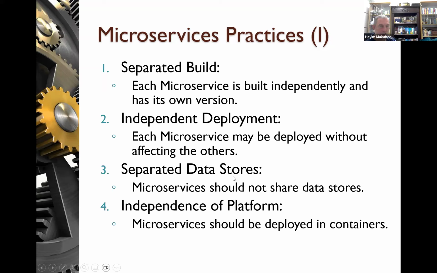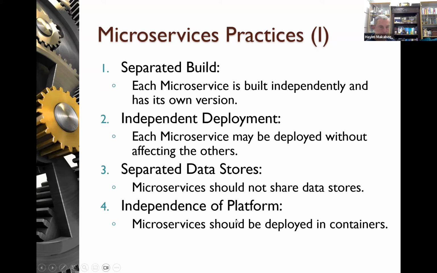Separated data stores. Ideally, all the databases, all the data stores should be separated by microservice. Because as you can imagine, if you have several microservices using the same database, you can create corruption. It's very easy to have situations of corruption in the database if it is being accessed by many different microservices.